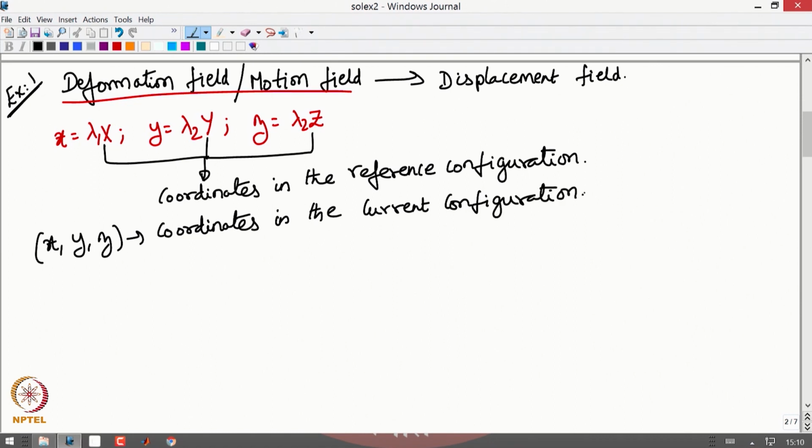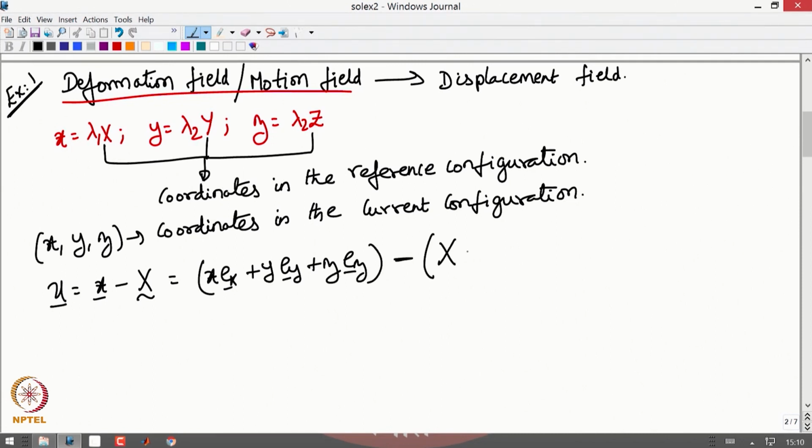We want to find what is the displacement field u. We know that u is given by small x minus capital X. So, we substitute for small x as x E x plus y E y plus z E z, minus capital X, which is capital X E x plus capital Y E y plus capital Z E z.